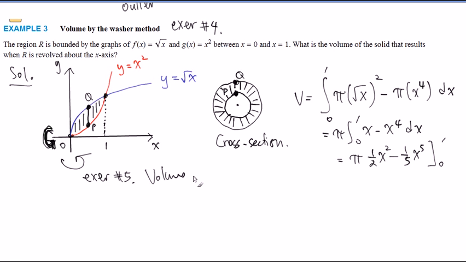Find the volume of the solid revolved about the y-axis this time. Think about the principle. The variable is y. Draw a horizontal segment because it's along y. And think about what is the outer curve and what is the inner curve relative to the axis of rotation. With the outer curve, area of a disk. With the inner curve, area of a disk. And that's what you have to do.